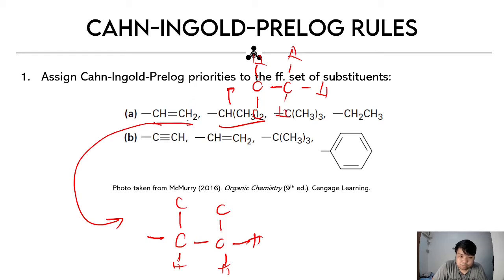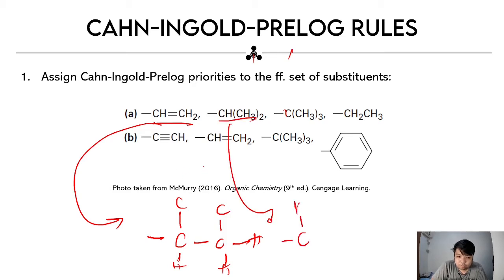H, oops, it's a bit messy. So we break this down, it would look like this. So what I just did here is I broke it down to their individual Lewis structures.